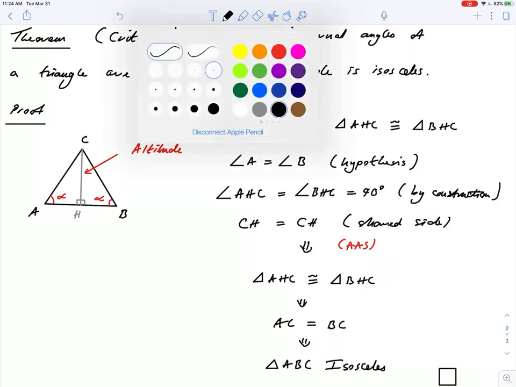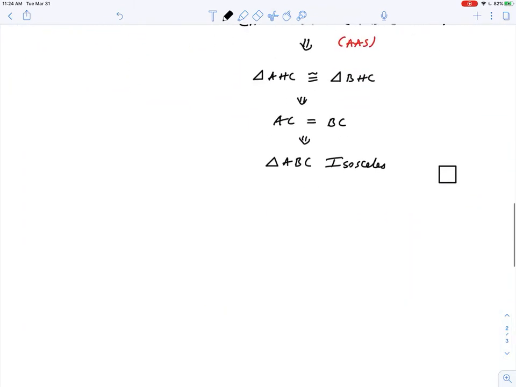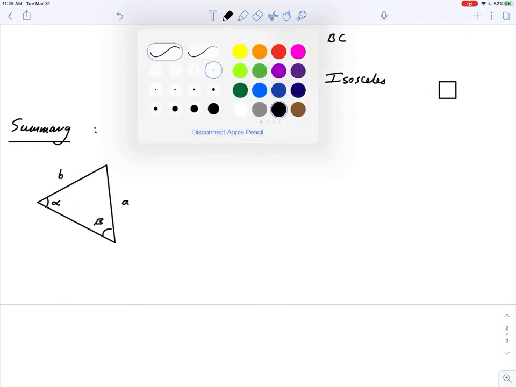So let's just summarize what we've done here. These two things tell me the following. Kind of overall conclusion. Summary. So I'll just do this visually. If I take a triangle, so I'll just draw kind of a random triangle, and I'll do alpha and I'll do beta here, and I'll do B and I'll do A here.